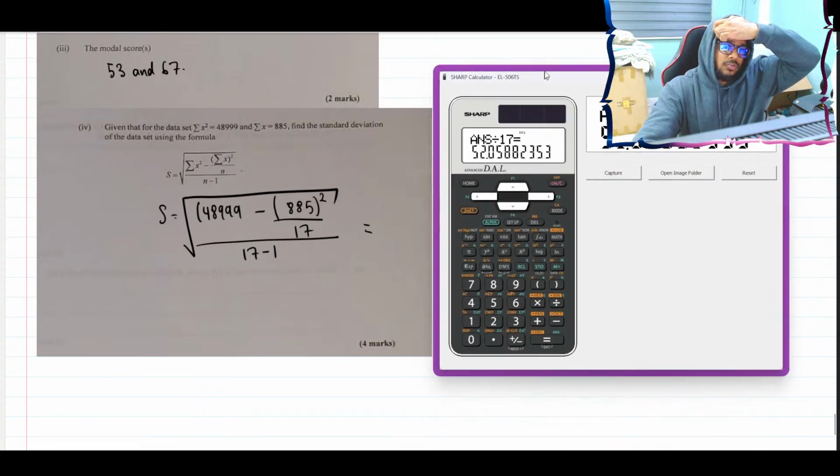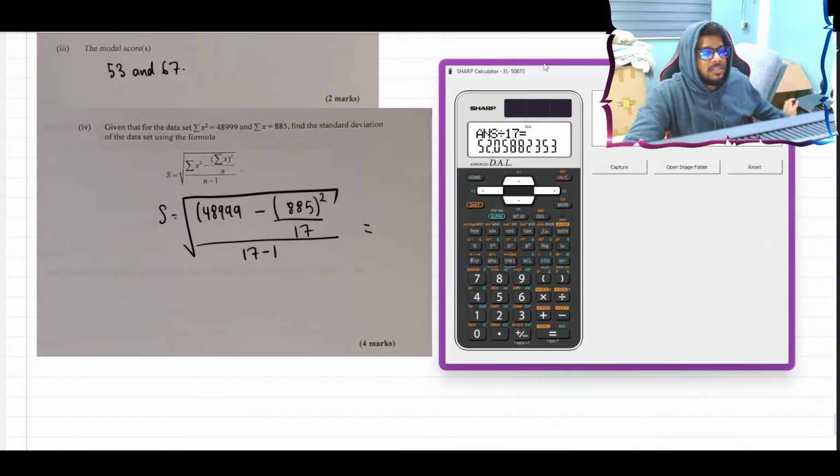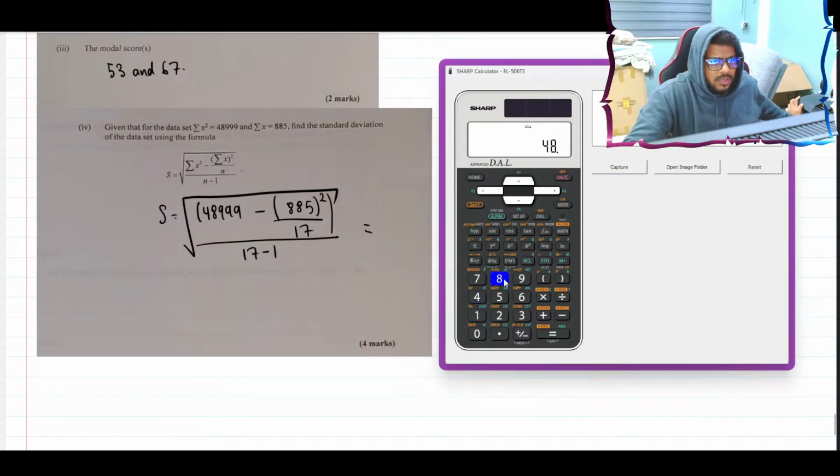All right, the hardest part is actually plugging it into your calculator, right? So just take it in parts, take it in stride. 48999, take away 885 squared over 17, divided by 16, and then the square root of that answer, which is 13.53.